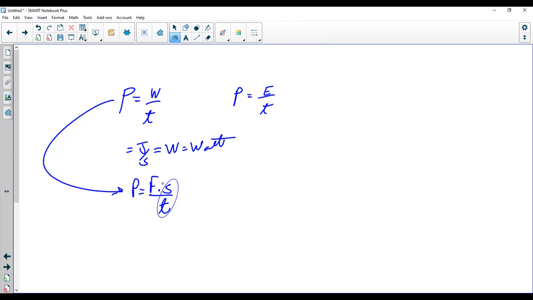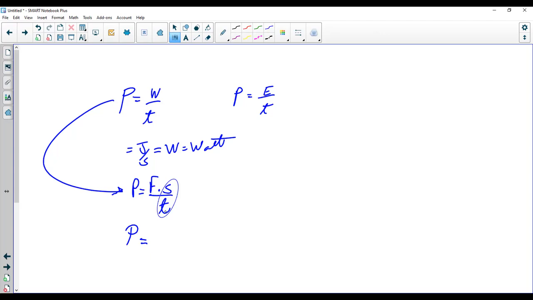That's right, Aisel. Fatma, what is it? Displacement over time. What will it give you? The speed, or the velocity.